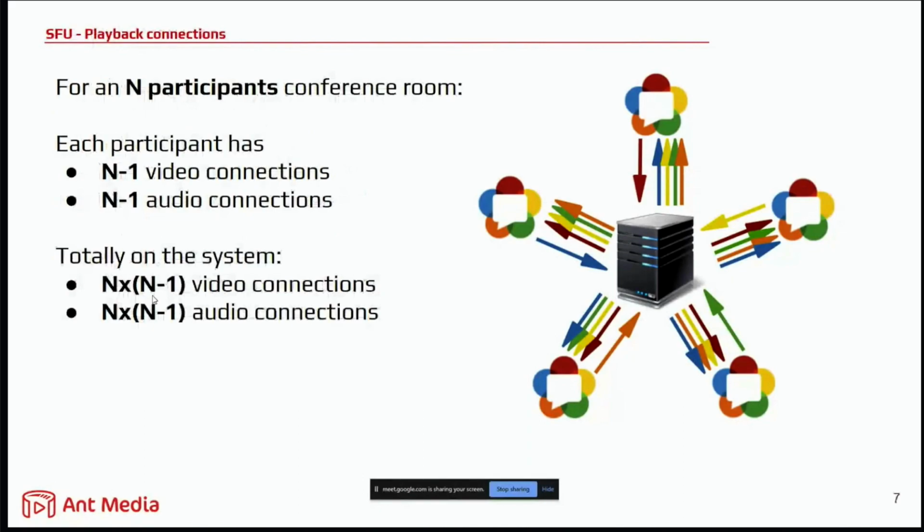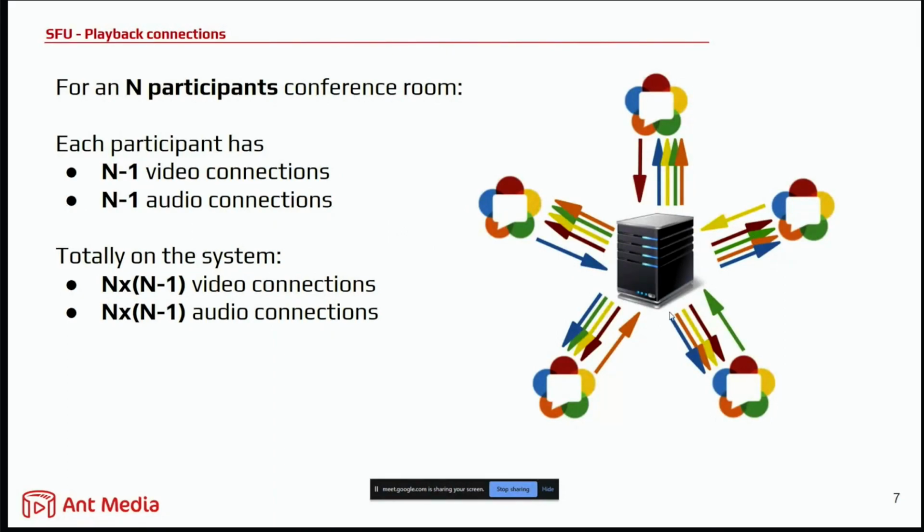Assume that you have a conference room with N participants. Each participant connects to the server to push a stream, and creates some connections to play the other streams. Now we will focus on the playback side.